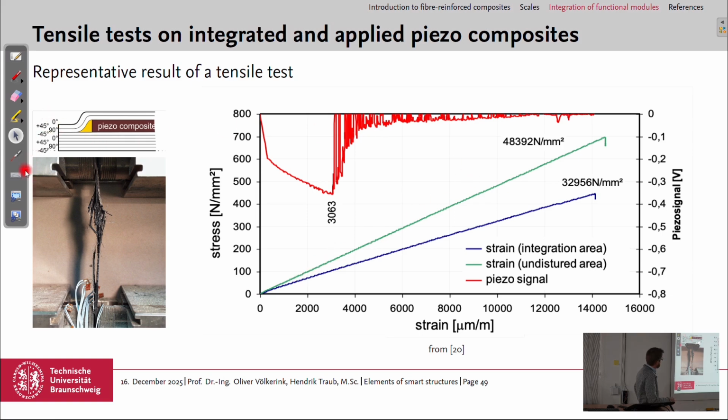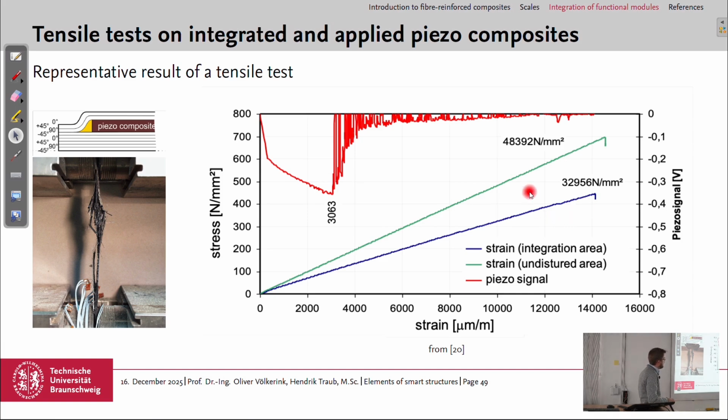So strain from the strain gauge here, strain from the strain gauge here, and also the piezo signal. And you can see that the piezo signal fails early. So here the piezo might have failed, but the structure itself is able to bear more loads before you have the failure of the composite itself.